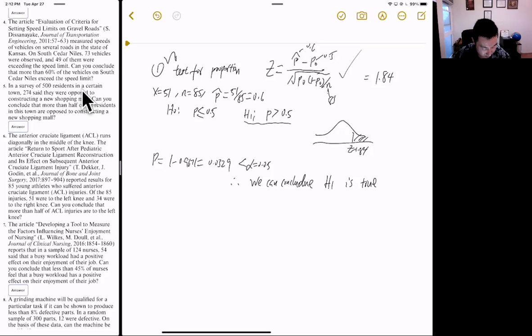We can conclude more than half of ACL injuries are to the left knee. So that's the first question. We have done this so many times. As soon as we choose the right equation, the remaining will be very straightforward. Right? So that's the first question.